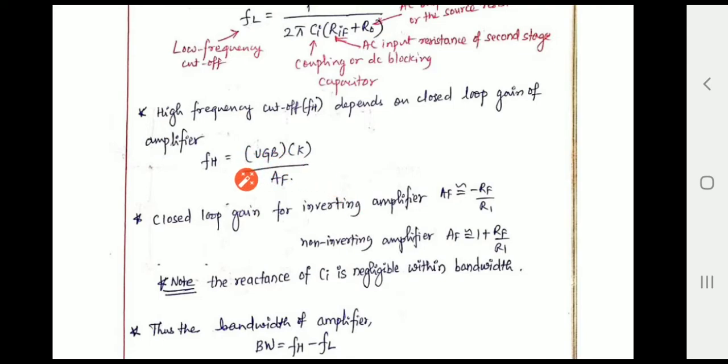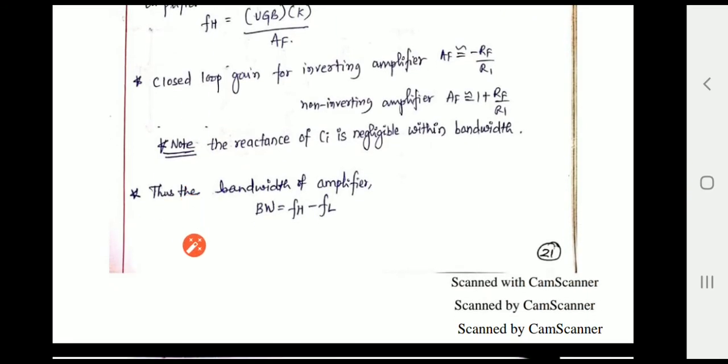UGB is the unity gain bandwidth, K is the attenuation factor, and AF is the gain with feedback of the amplifier. Using this you can get the high frequency cutoff, which was already derived in the inverting amplifier bandwidth with feedback discussion. Using these two we can determine the bandwidth, that is FH minus FL. So this is about AC amplifiers.